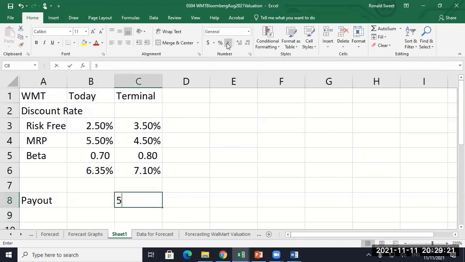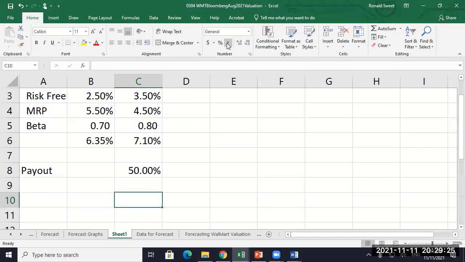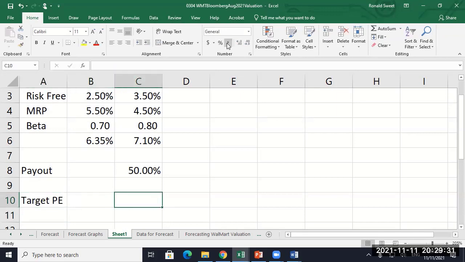The ultimate payout is 50%. Wow, I don't know how Bill Gates knew that was going to be 50%.